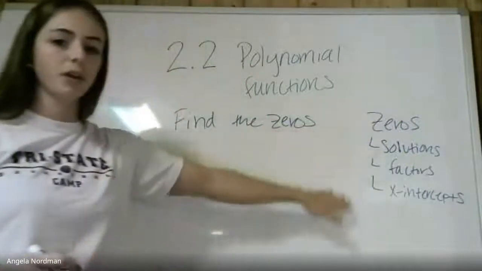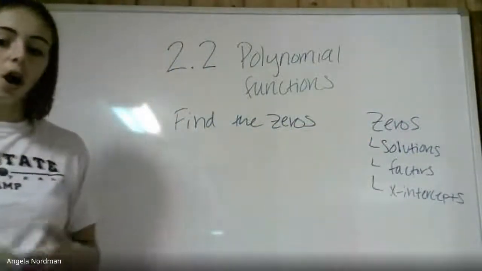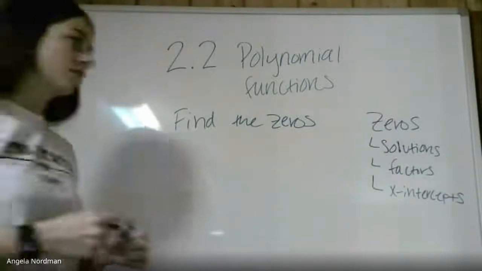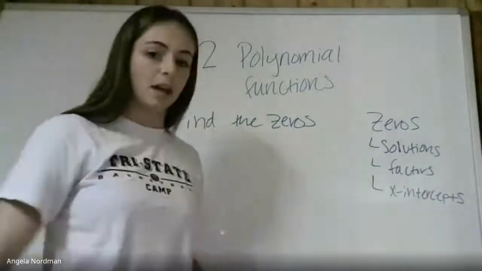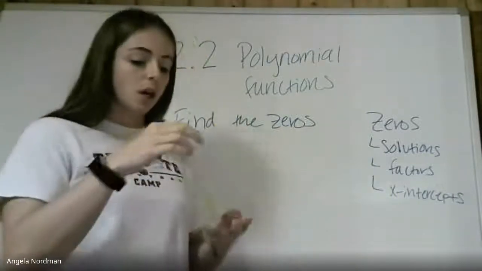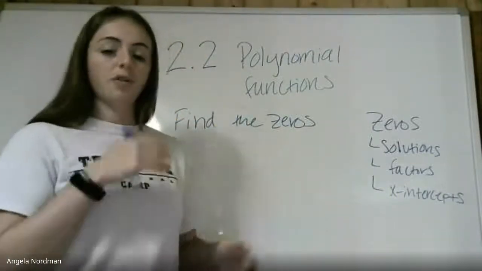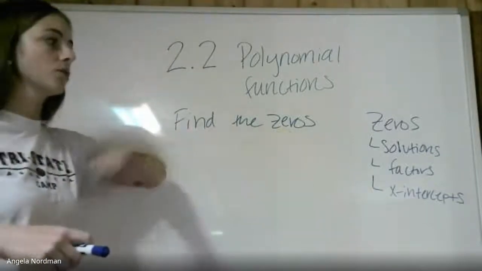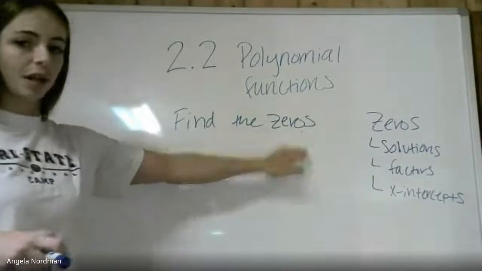So all of these four things are equal, right? If you're at any time asked to find x-intercepts, you use the same kind of process. Factors, solutions, zeros. You use the same methods in order to find all four of those things. So I could interchange zeros with factors, solutions, x-intercepts.